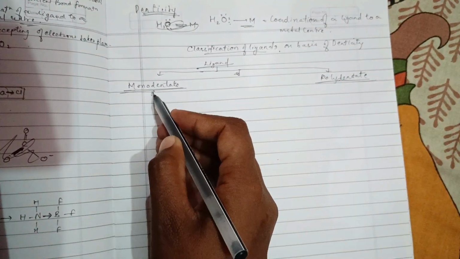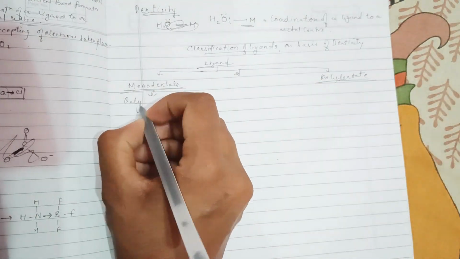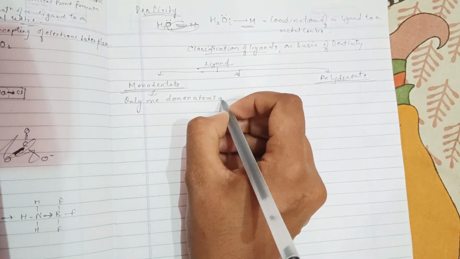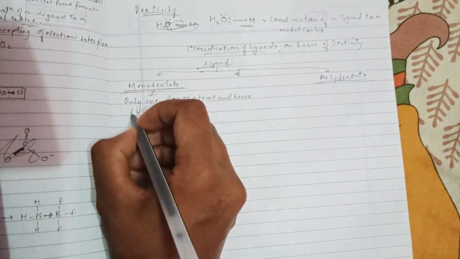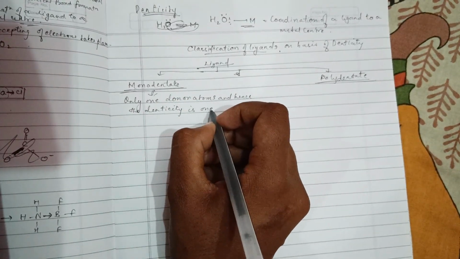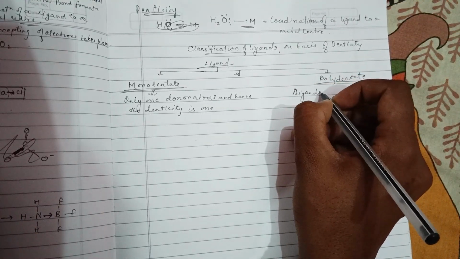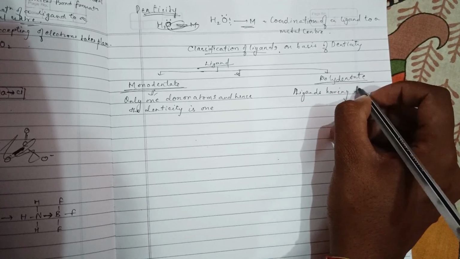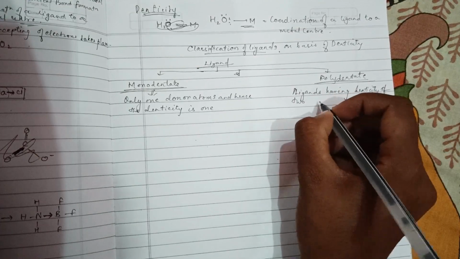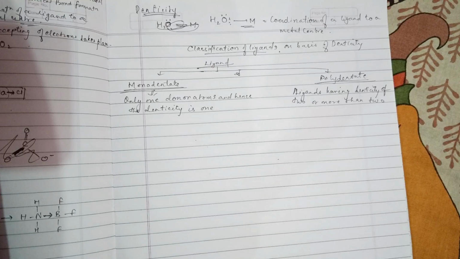So monodentate ligands have only one donor atom, and hence the denticity is 1. Ligands having a denticity of 2 or more than 2 are polydentate ligands.